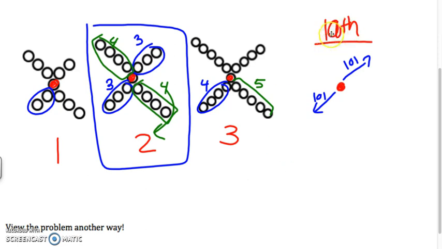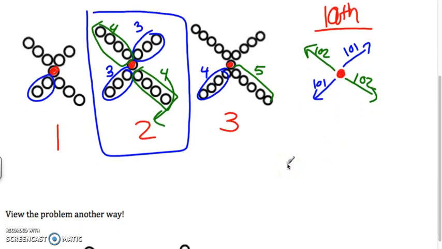So if I'm in the 100th figure, there's going to be 2 more than that. So there's going to be 102 going that way, and same thing, 102 going that way. Okay, so I've described an nth figure. We could do this for any figure number, knowing that there'd be 1 more or 2 more than where I was. So there's another way you can look at this.